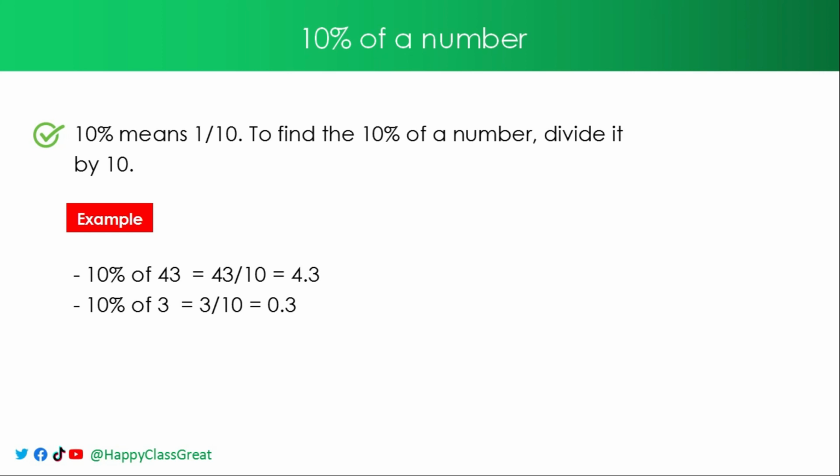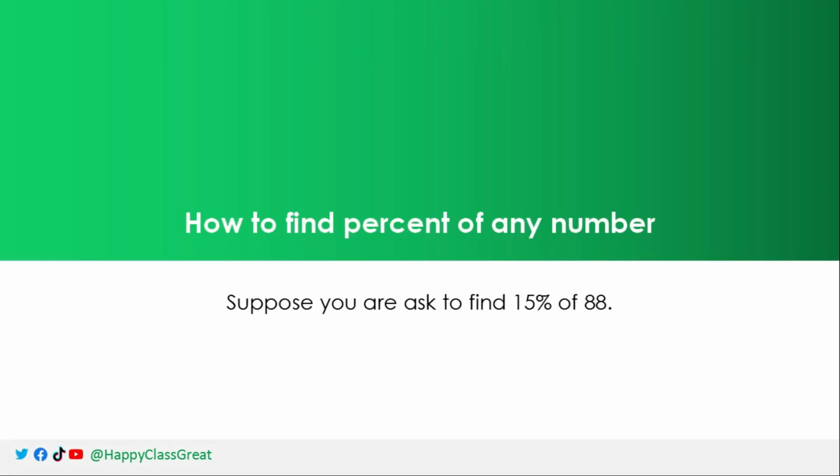I think with all the explanation now, you are probably getting an idea of what percentage of a number is, and how you can find 100%, 50%, 25%, 20%, and as I'm explaining right now, how to find the 10% of a number. So how do you find the percentage of any number? Now I've explained to you how to find 100%, as I said earlier, and up to 10%.